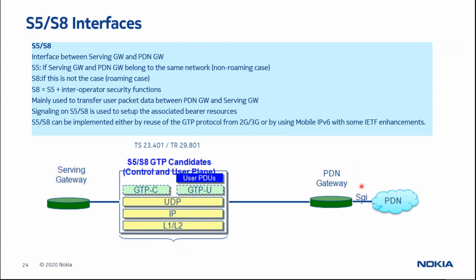But if they belong to different operators altogether, what you have here is S8. So S8 in a way can be visualized as an S5 network. Certain inter-operator security functions are also embedded inside S8. So that's the main difference here.